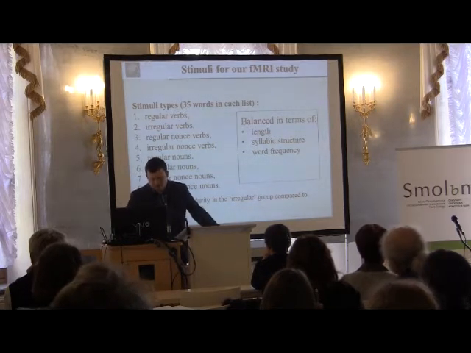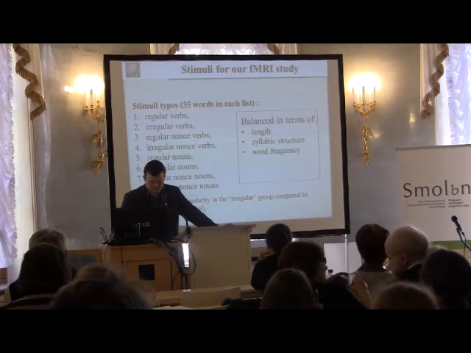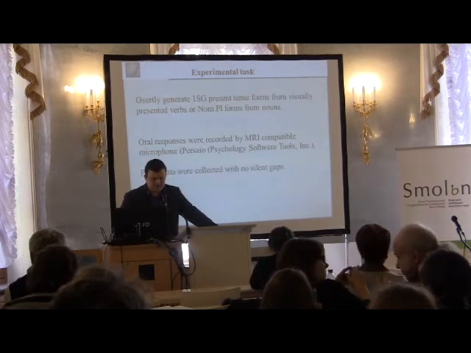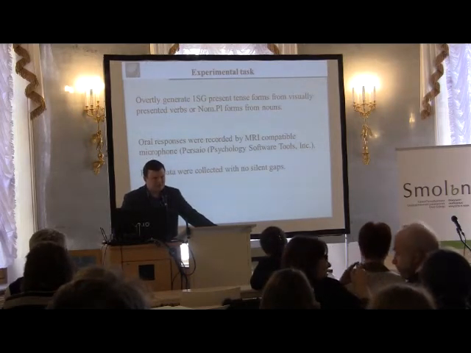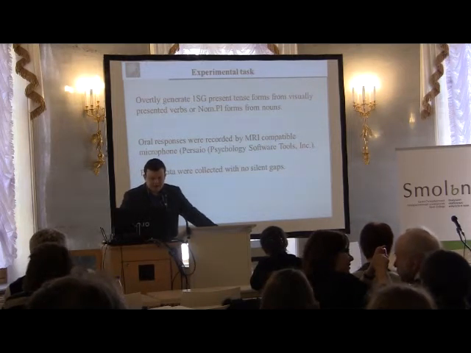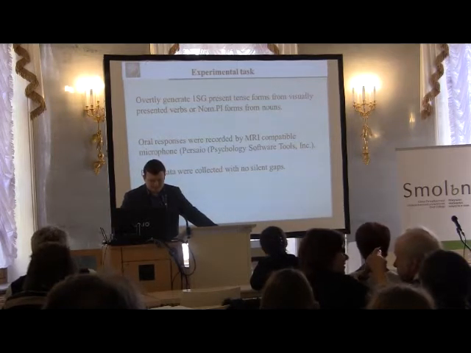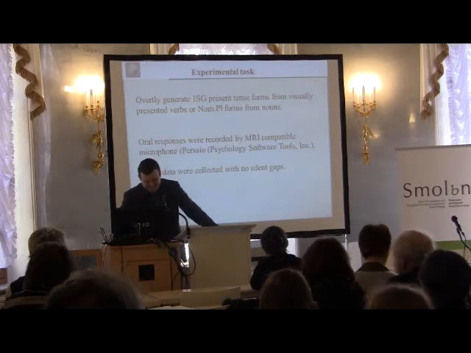Balancing was done in terms of length, syllable structure, and word frequency. The experimental task was to produce aloud the present tense form for verbs and the plural form for nouns. A little bit of Russian here.